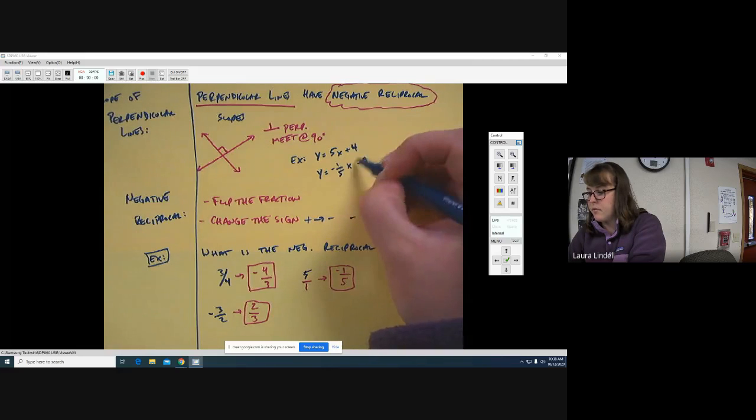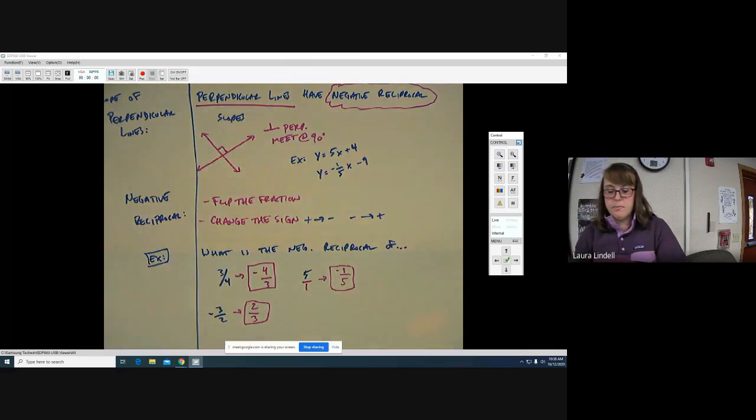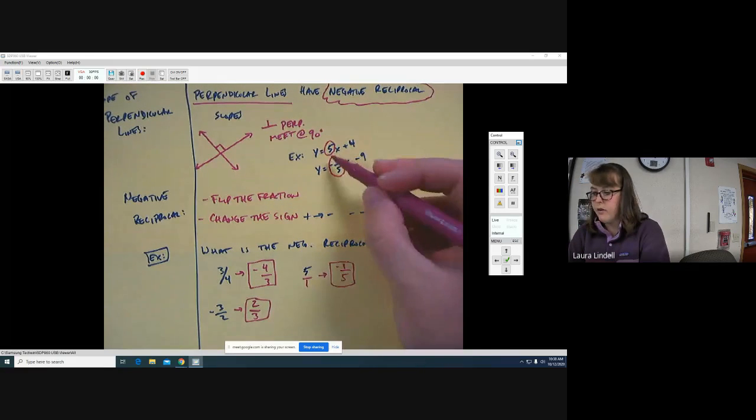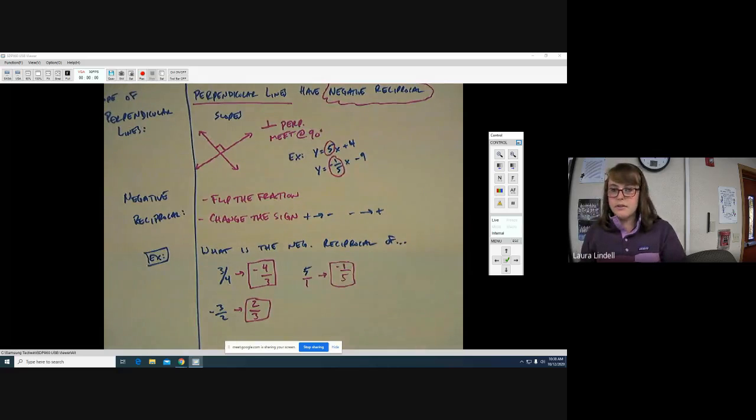This number here doesn't really matter. The slope is what matters. So if that 5 and that -1/5 are negative reciprocals, that means our lines are perpendicular. Okay. So that's the idea there.